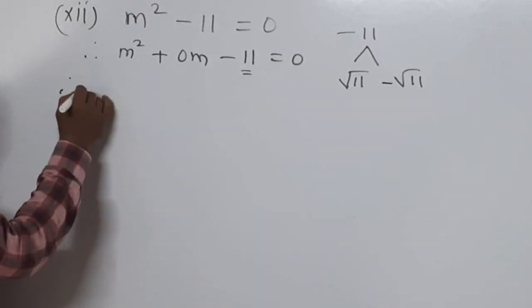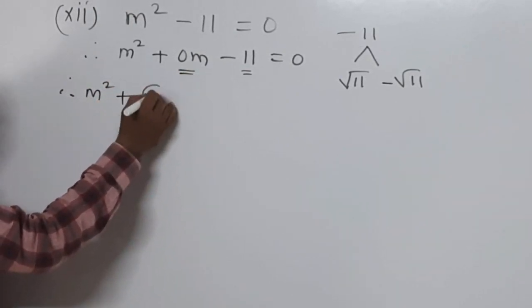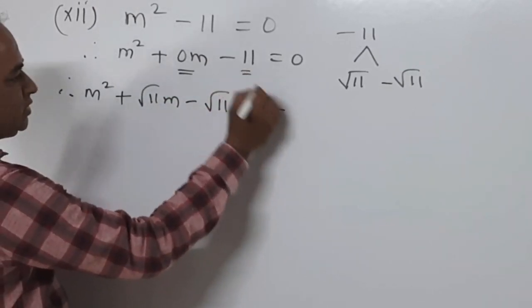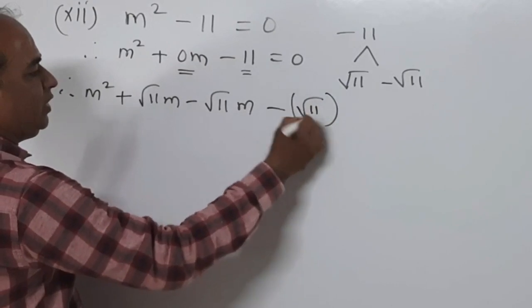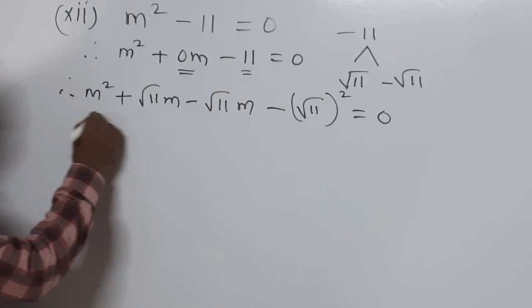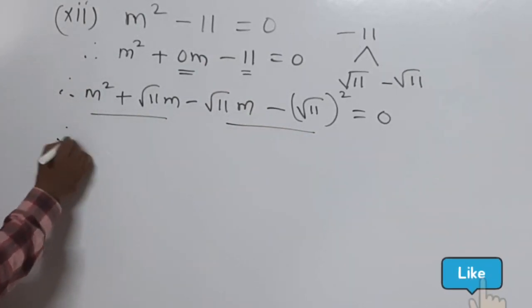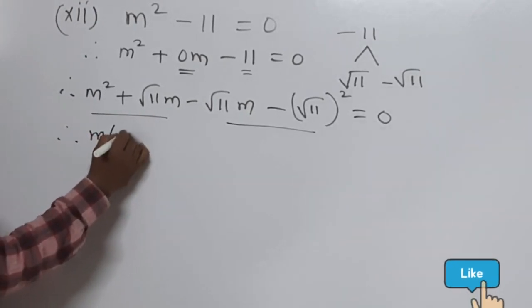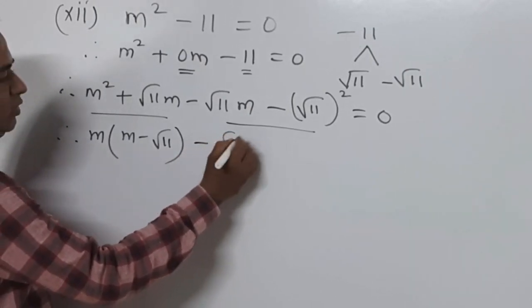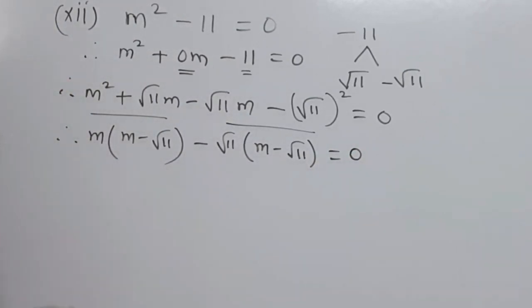So, therefore, m square, split the middle term, plus root 11m minus root 11m minus, this 11 can be written as square root of 11 bracket square, is equal to 0. Now, take the first two and next two terms, take the common term. Here common is m plus root 11, minus root 11 common, m minus root 11 is equal to 0.